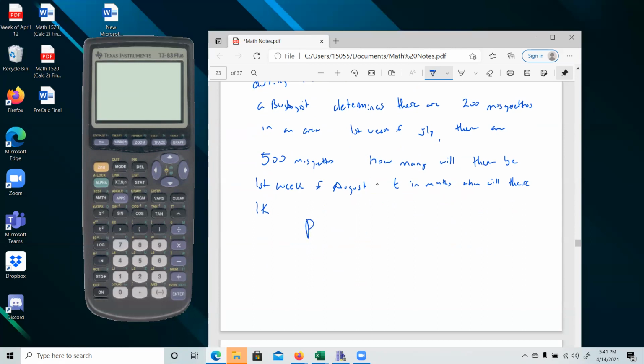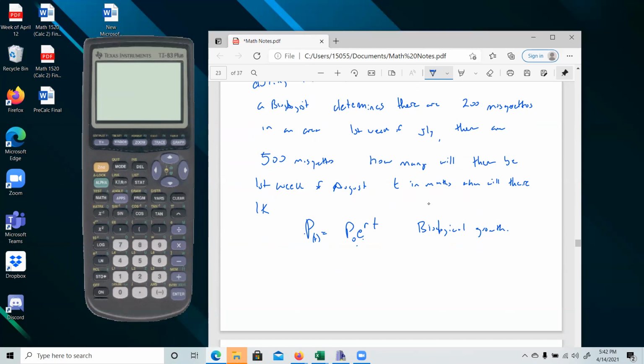Okay, so we're going to say there's a biological growth, right? P of t, population at a time, is equal to your initial population, e to the r times t. That's the model we're going to use.